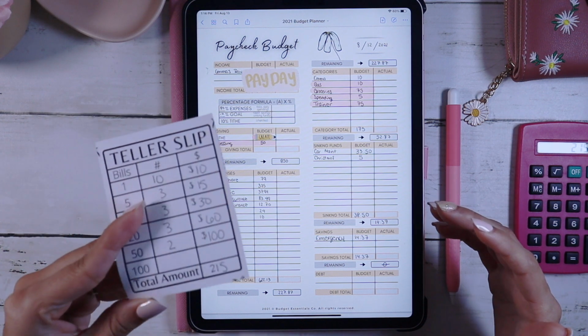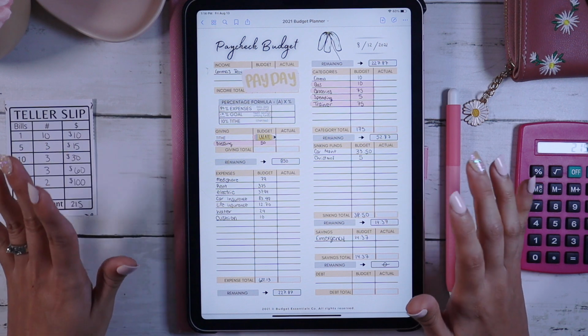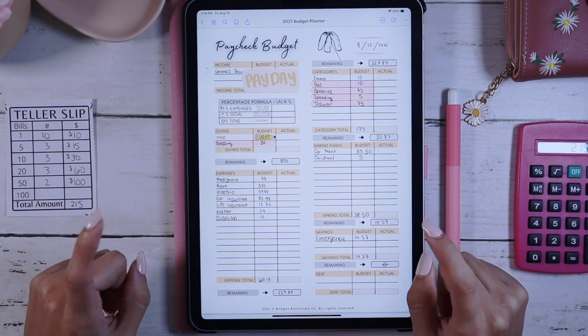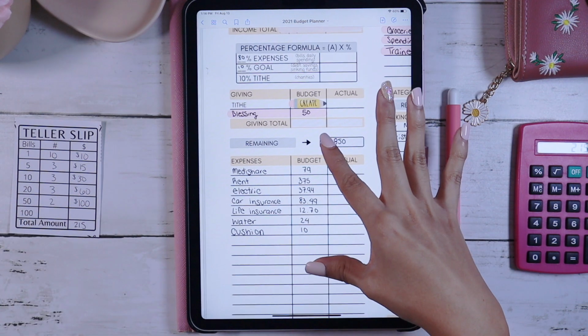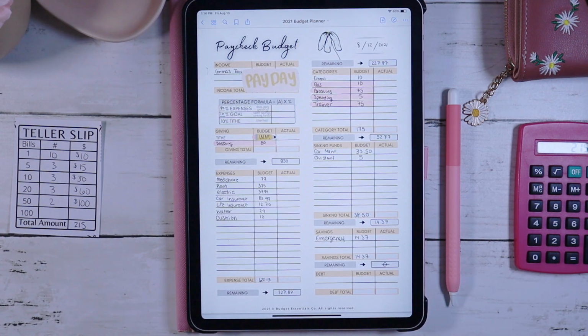I have my teller slip already written in here. We will go to stuffing our cash envelopes, and also adding up what has been allocated for our bills and then these sinking funds. So let me head to the bank and then we'll get to stuffing our cash envelopes.